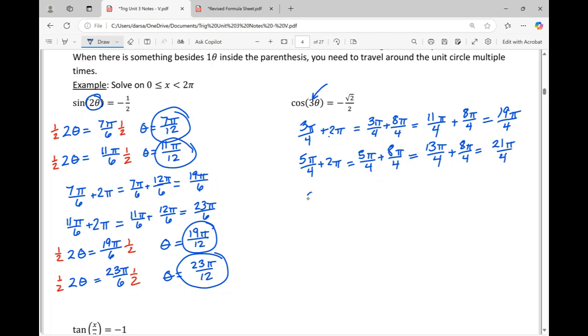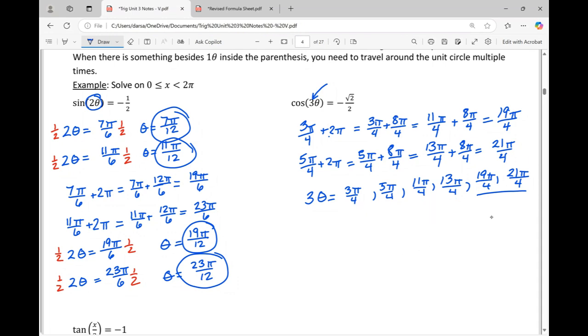So now 3 theta is equal to 6 different angles: 3 pi over 4, 5 pi over 4, 11 pi over 4, 13 pi over 4, 19 pi over 4, and 21 pi over 4. We went around the unit circle 3 times and got 3 pairs of answers, each a circle of 2 pi away from our original 2.